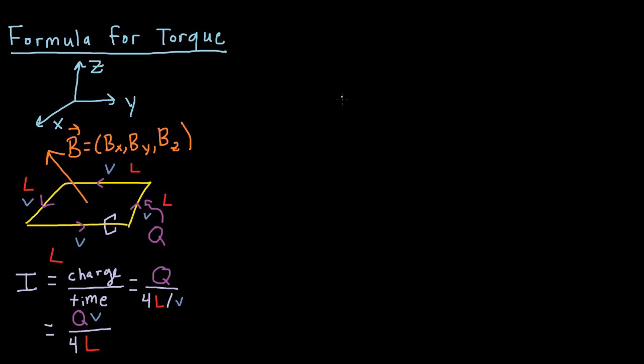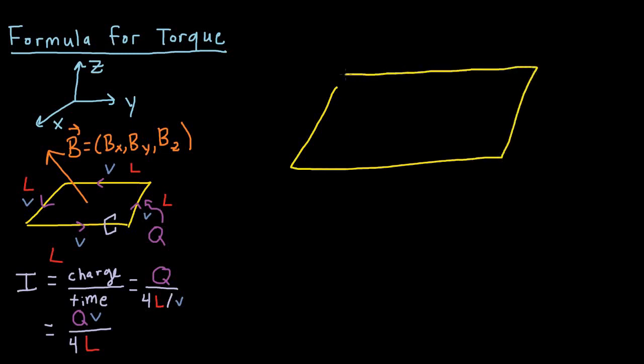Okay, the next thing I'm going to do is redraw our square wire, and I am going to write what the velocity is along each of these four parts of the wire. So along this part of the wire right here, the velocity is equal to the vector 0, v, 0, where it's going along the y direction, right?